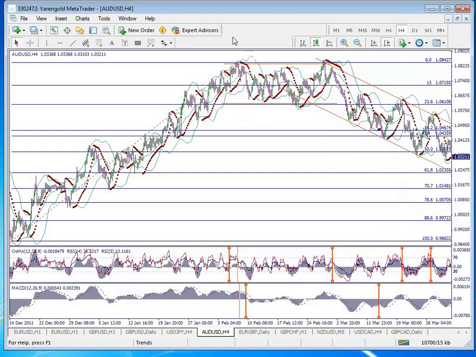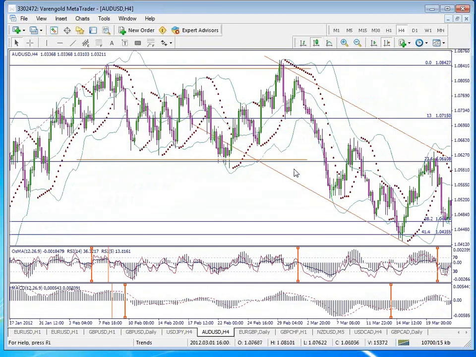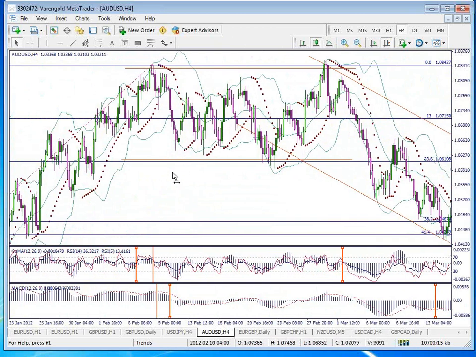So for this signal, just I have to look at Fibonacci and to anticipate the levels where the pair will be possible to evolve in the future.